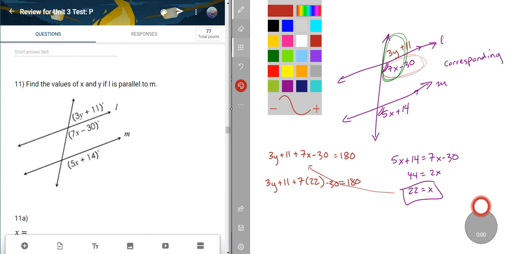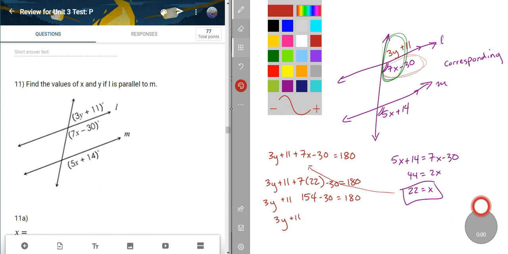And so 7 times 22 is 154. Minus 30 plus 11, 3y. And so we'll get 3y minus 30 is 124.